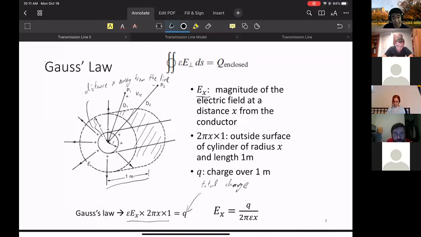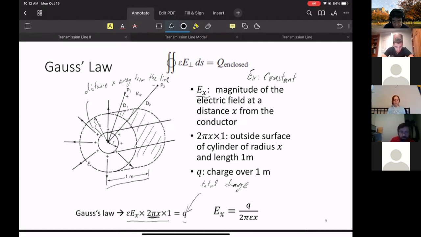The radius of the cylinder is x away from the wire, from the conductor, and I'm enclosing a total charge of Q. So Gauss's law says when you integrate over this surface, you will get Q. We know Ex is constant over the surface of the cylinder, because the cylinder is the same distance, the same radius, away from the conductor. So Ex is actually constant.